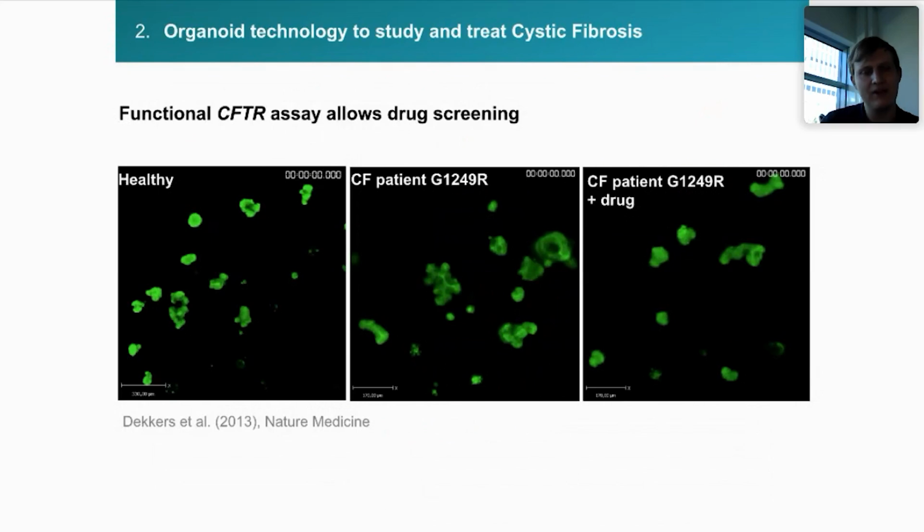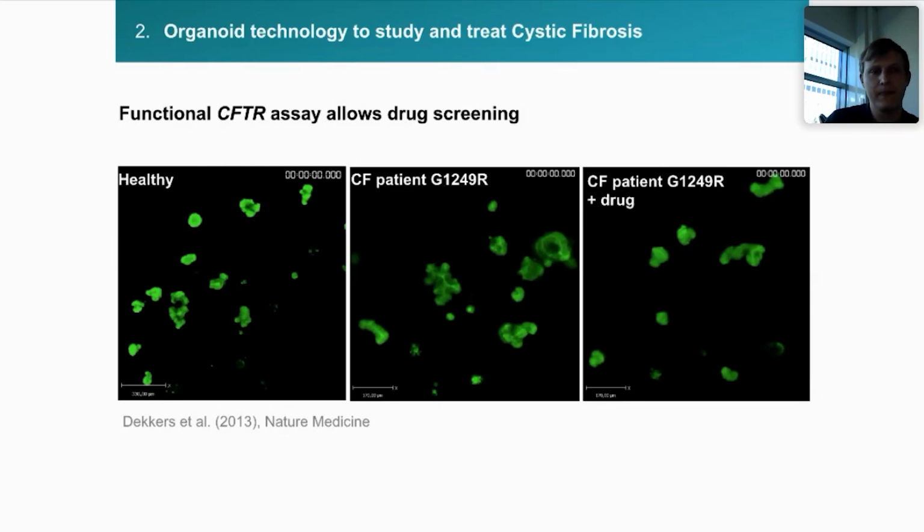So the general idea is that cystic fibrosis patients are functionally different from healthy epithelium, from the healthy tissue. And what has been found previously is that we can do a very simple assay that allows us to monitor the effect of this disease. It looks the following.